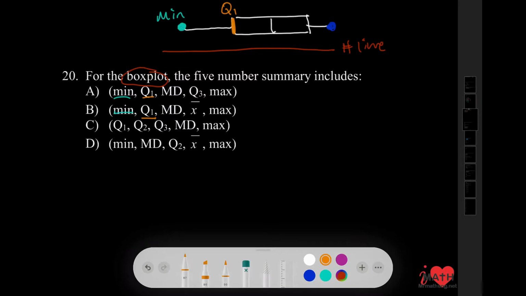This bar here represents the median. Some people abbreviate it with MD, or they also call that Q2.